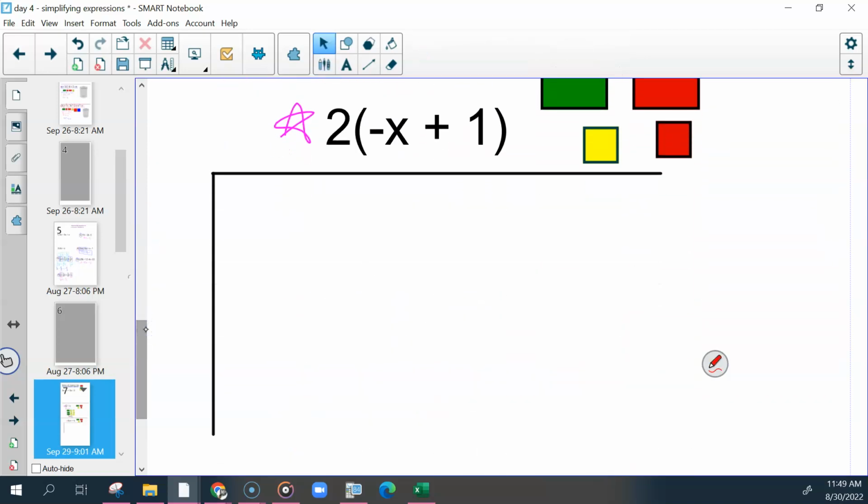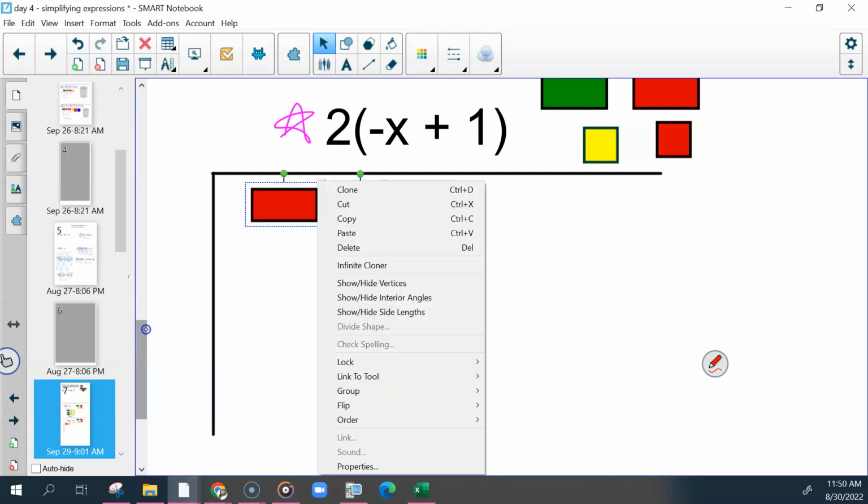Let's do the same thing with this. How would I represent this inside with the algebra tiles? So red rectangle, a yellow square, and this is being multiplied by 2, so I would need 2 of these.